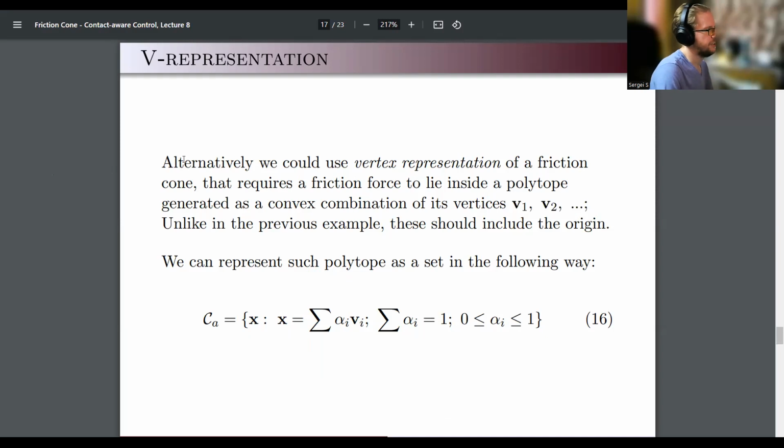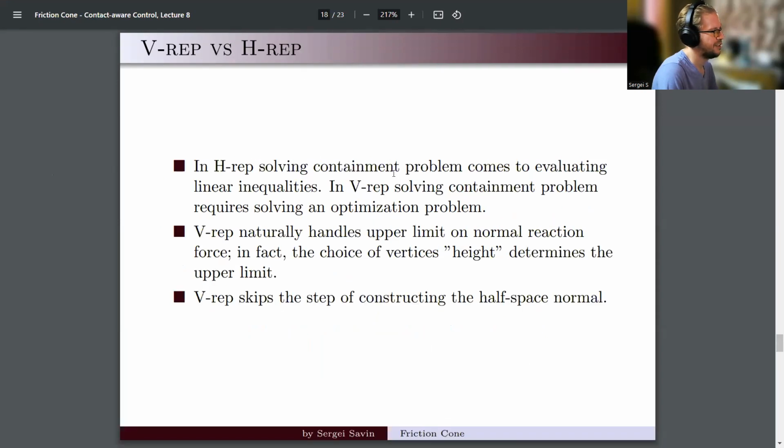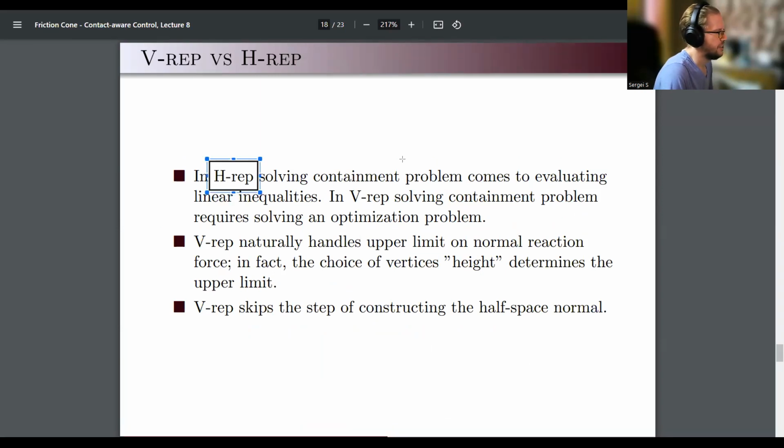So this is the way to do it as a V representation. Now, let's be more specific. What is the difference between those two? H representation is basically linear inequalities, so it's the simplest one to evaluate.